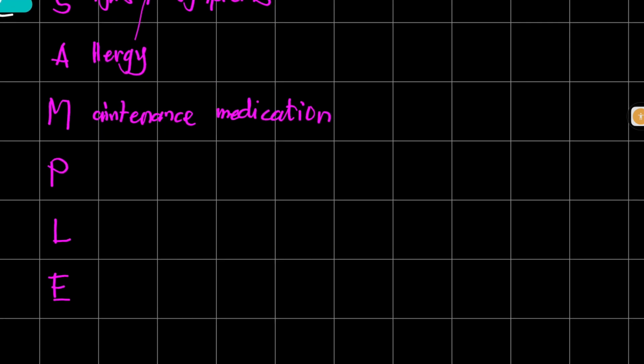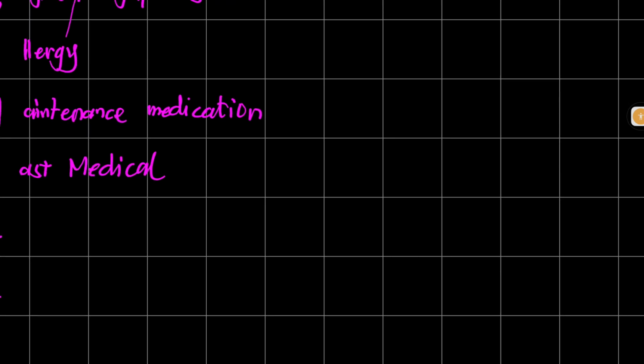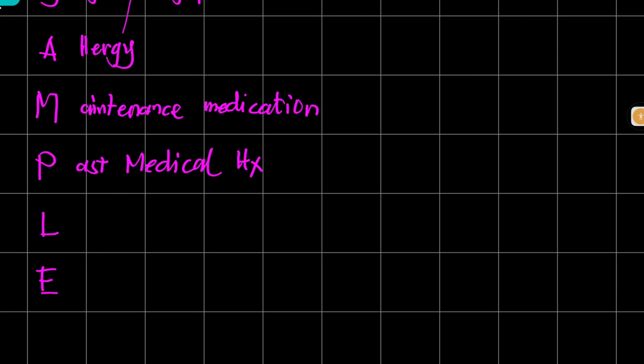Okay. And then P stands for past medical history. You have to search for any possible causes of the current situation of your patient: past medical history, any hospitalization in the past, family history, yung mga ganon.